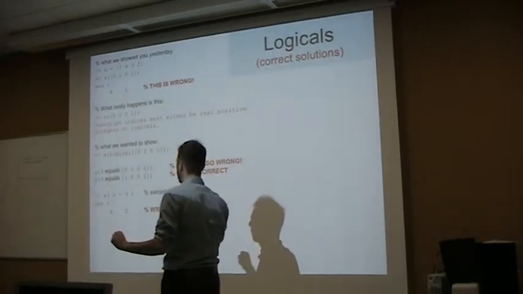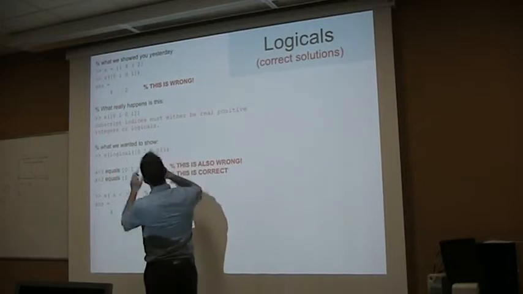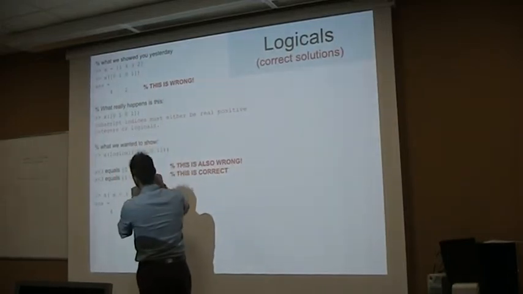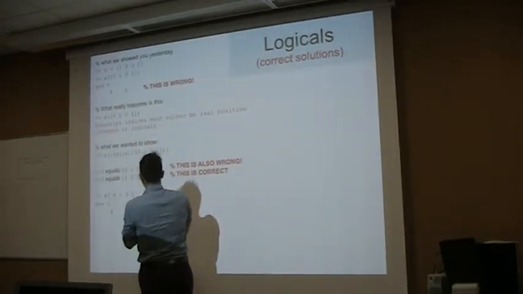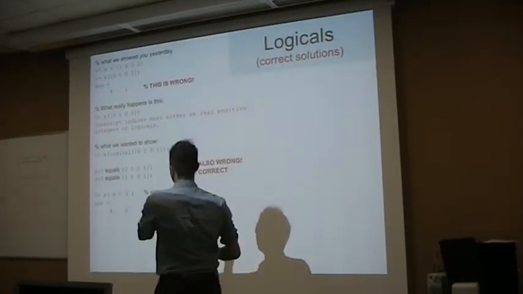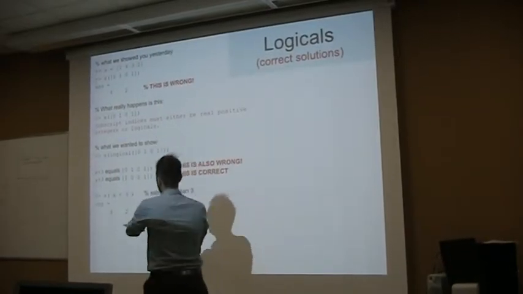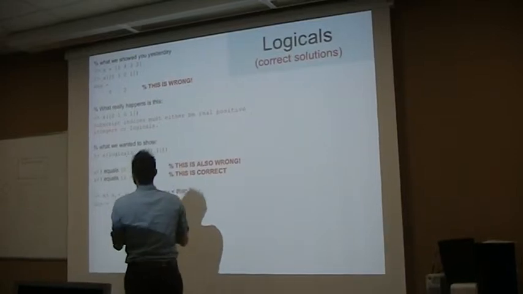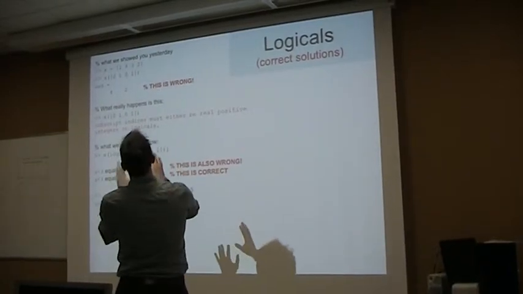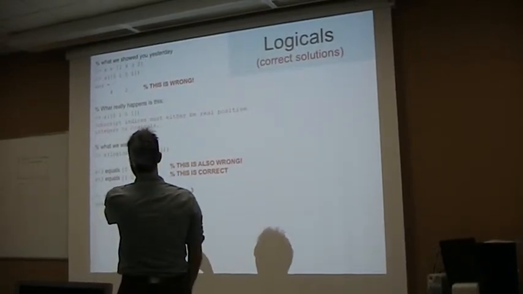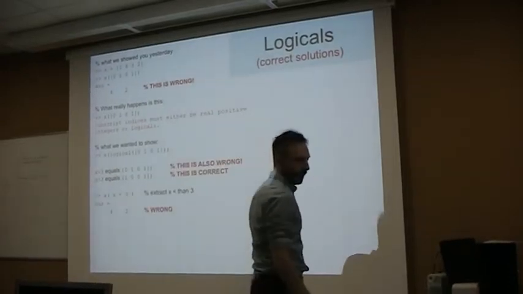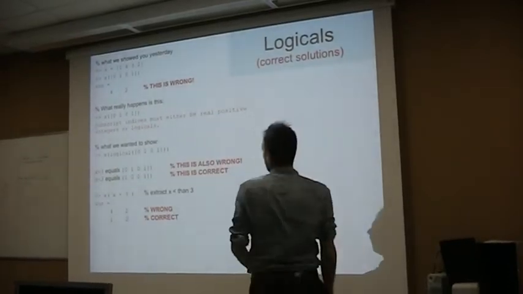You can use a logical index, similar as here, to index elements of x and extract them. So if I want to extract the elements of x which are smaller than 3, we said you would get 4 and 2, and of course this is wrong. What is correct is 1 and 2.